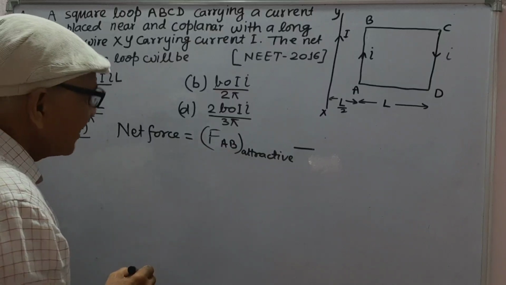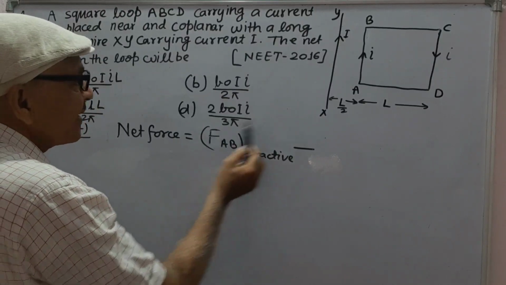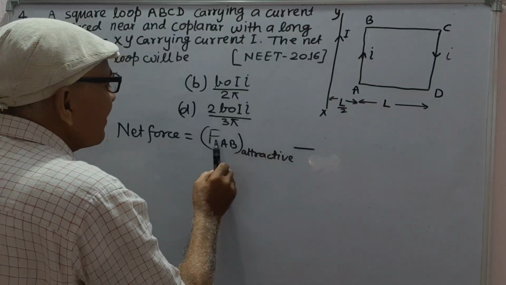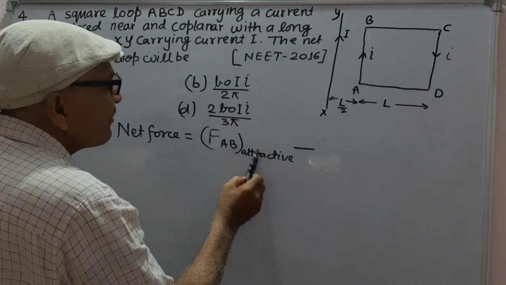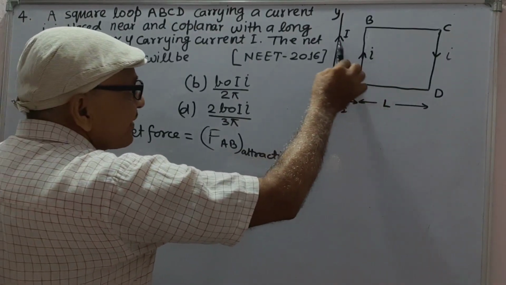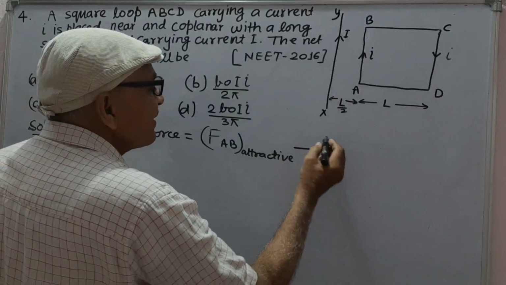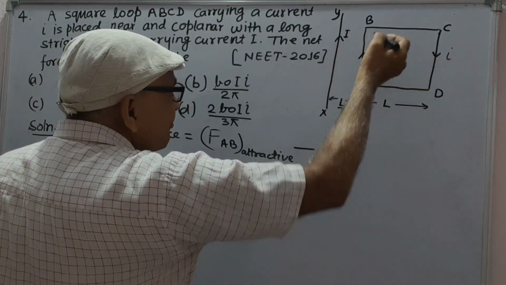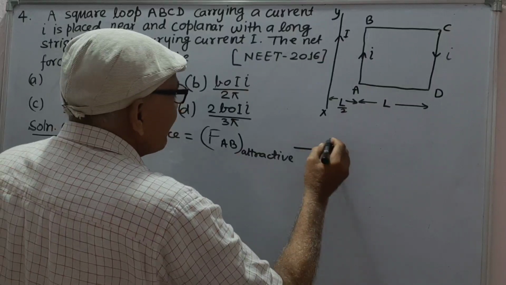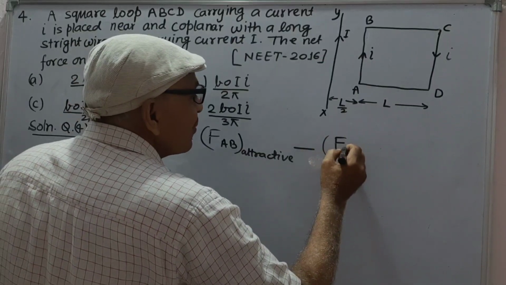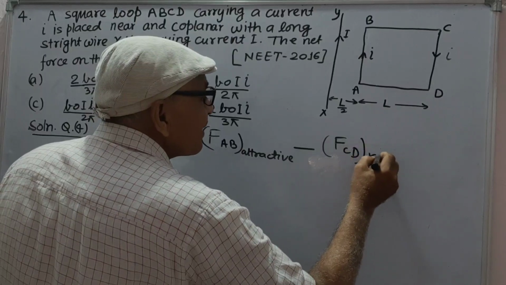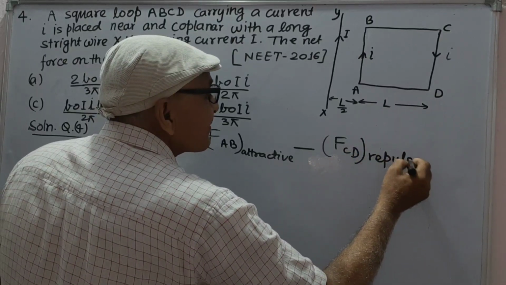So the net force will include the attractive force on side AB, F AB, which is attractive because this current and this current are in the same direction. This current and this current are opposite to each other, therefore the force will be repulsive. So F on CD will be repulsive.